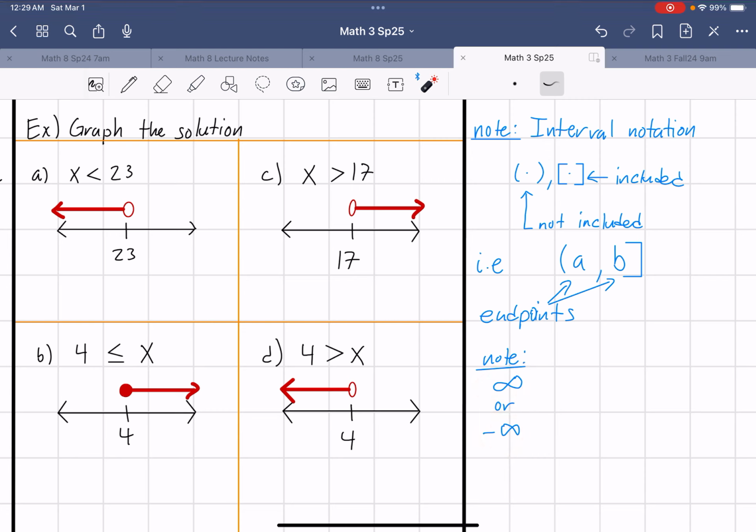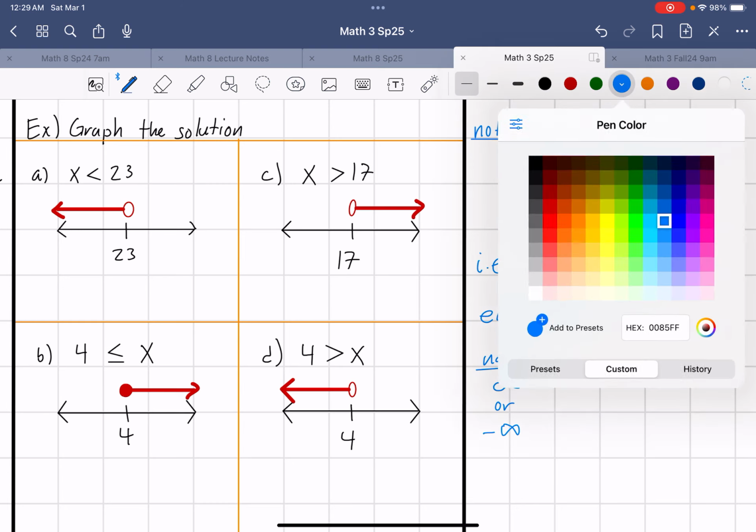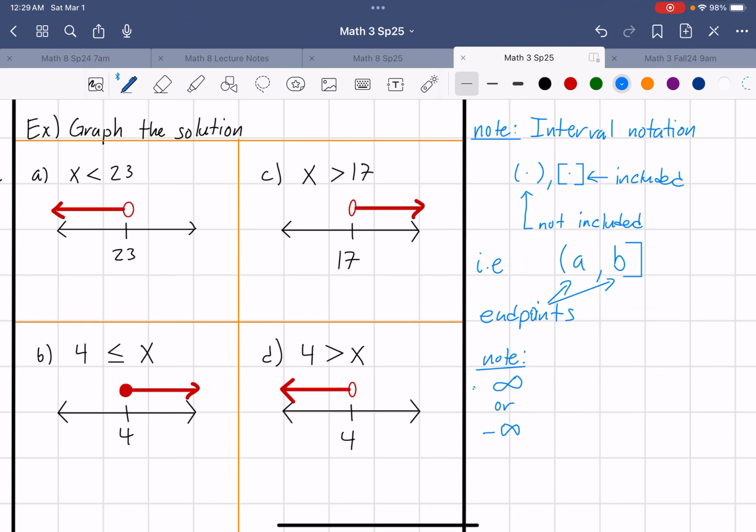Infinity and negative infinity do not do that. So we always use parentheses when it comes to infinity and negative infinity. And one last thing to note, you always want to write your interval from smallest to largest.